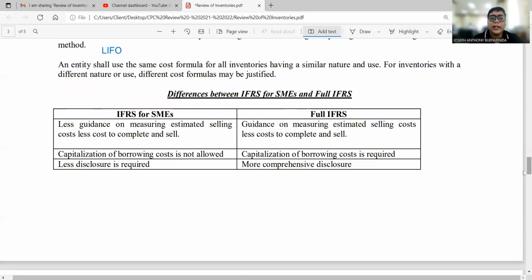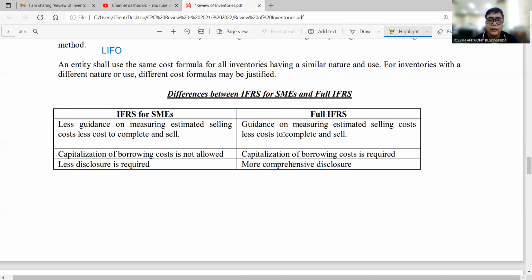Now, what are the key differences between the full disclosure treatment of inventories versus the SMEs' treatment of inventories? Our book focuses on the full IFRS or the full PFRS. The guidance on measuring and estimating selling price less costs to complete and sell is the same.